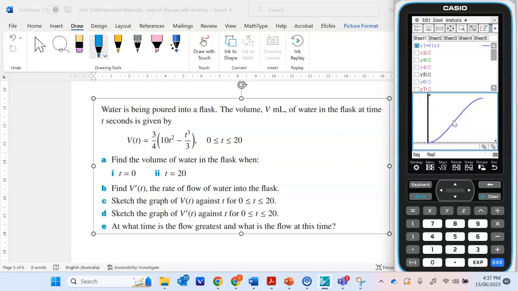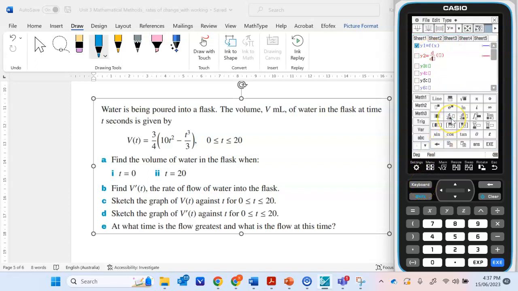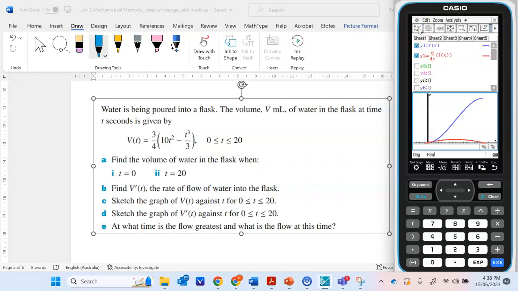All right, so sketching the graph of the derivative. Here, if I just go to keyboard, I can do that here. All right, and just tick it, and there it is. So we can see, let me just drag it up.